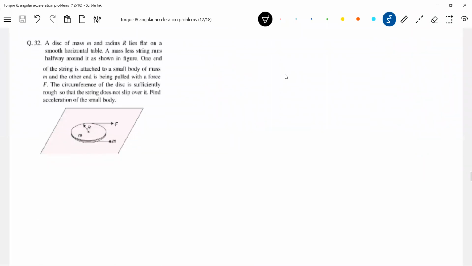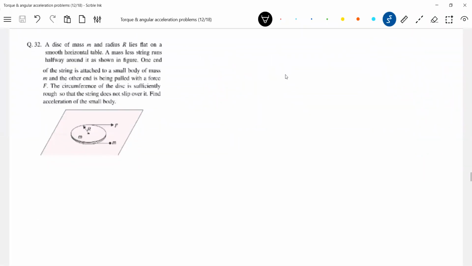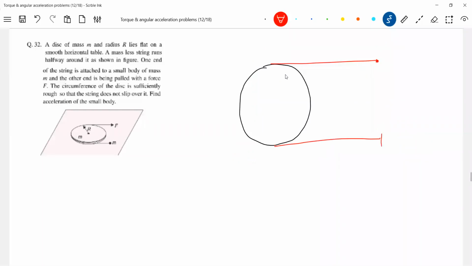Yeah, this is something again very fundamental. A disk of mass m and radius r. You read the question. Meanwhile, I'll draw the diagram. Please, all of you, carefully look at the things, because again some concept is involved here.